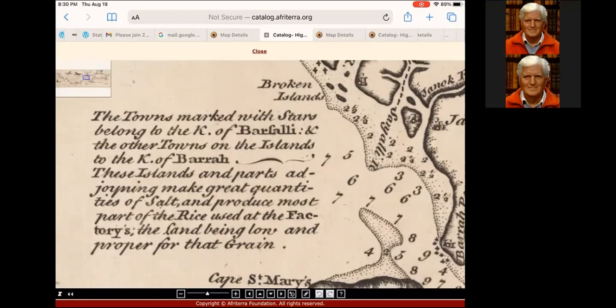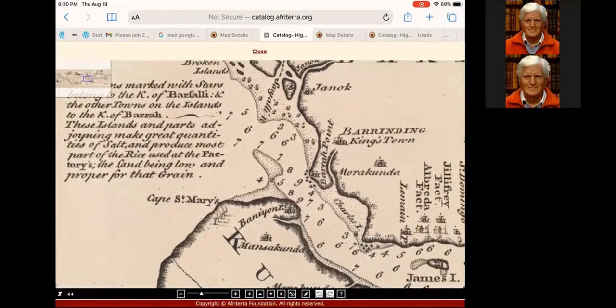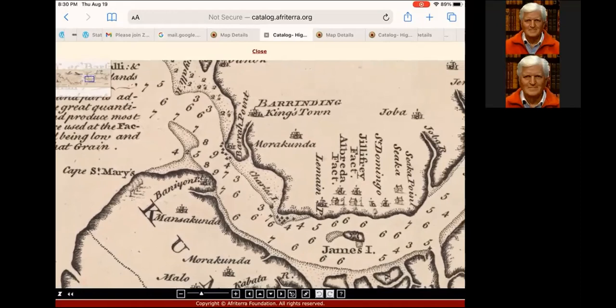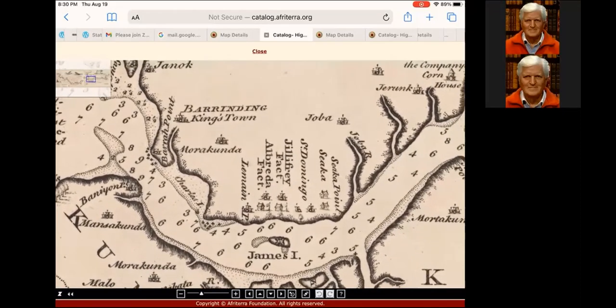Well, this is actually a very interesting piece of information. They're producing rice for the factories. What are the factories? Well, the factories are the European establishments all along the rivers that are gaining slaves and stocking them in this offshore island known as James Island.